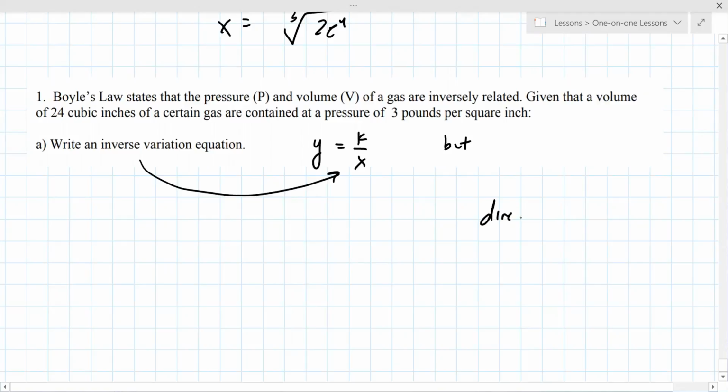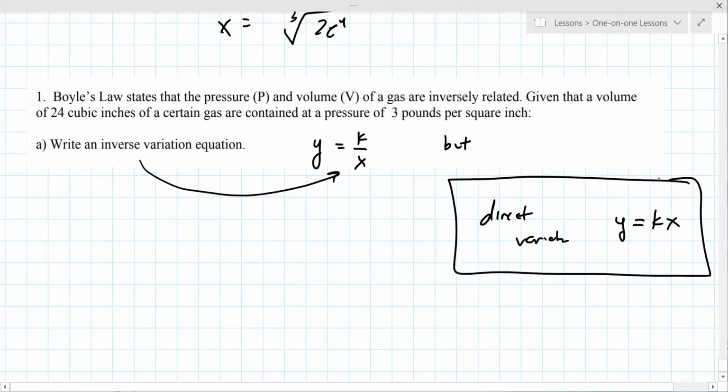I'll just write off to the side: direct variation is y equals kx. So you might see that as well in a different problem. Okay, p and v are inversely related, so that means that p equals k over v.